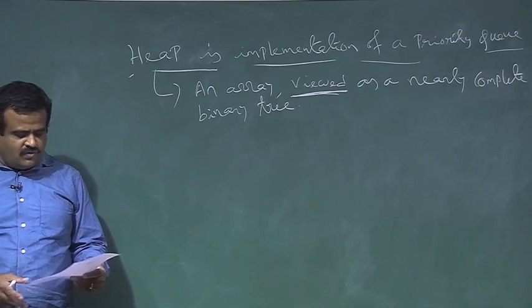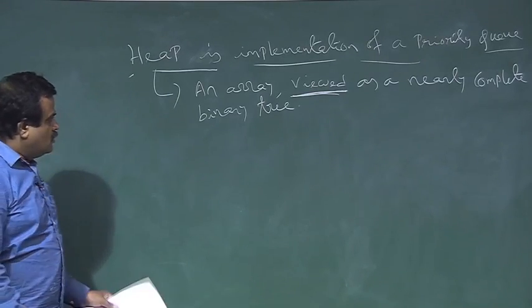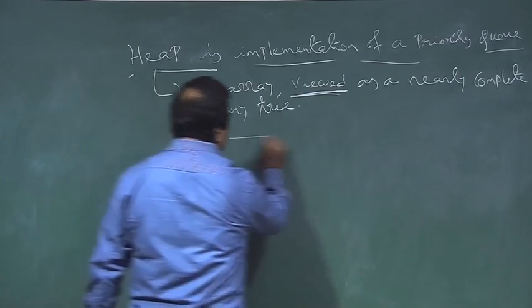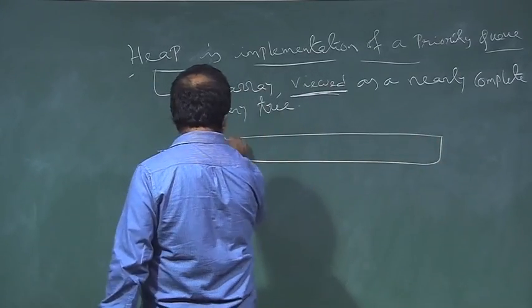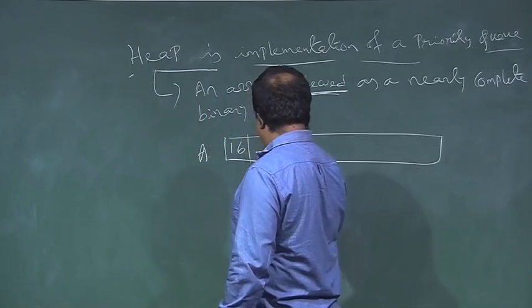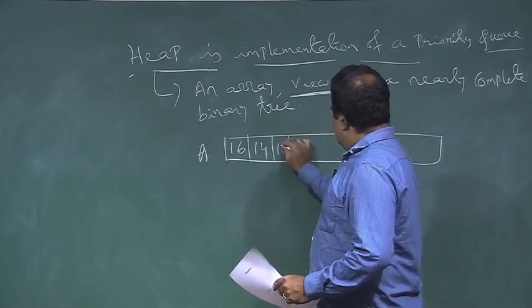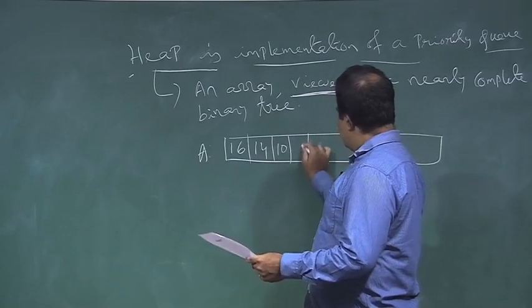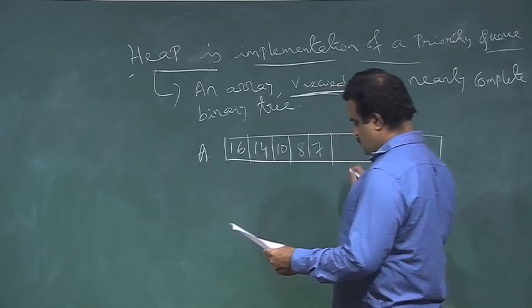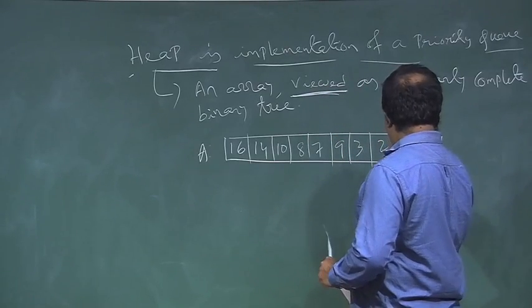Okay. How can we view an array as a binary tree? That we have to explain. Suppose we are given an array. These are the elements, these are the key values: 16, 10, 8, 7, 9, 3, 2, 4, 1.